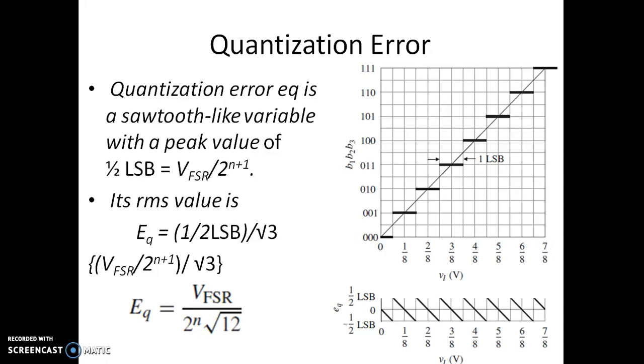This way we can understand the basics of the ADC, where we have a quantization error for each and every bit. The maximum error would be plus half LSB, and the minimum error is minus half LSB.